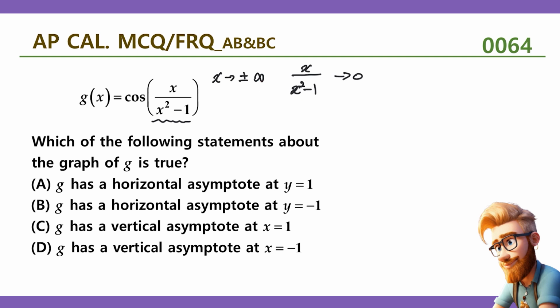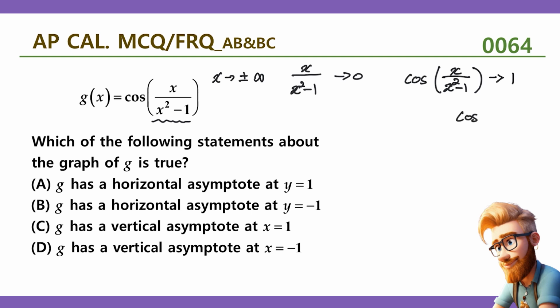Then what about g? G is cosine of x over x squared minus 1, right? So when x approaches infinity, this expression approaches 0. When this expression approaches 0, cosine approaches 1, right?